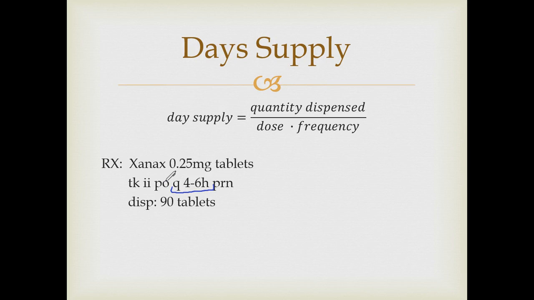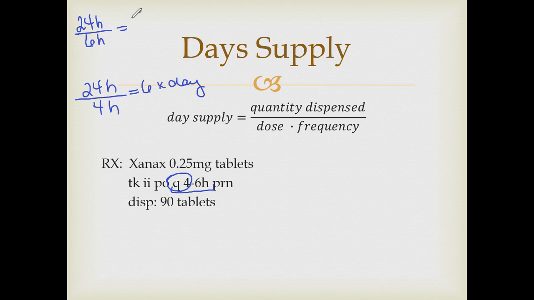Now for this particular problem, since the range is in hours, if I have 24 hours in a day and I'm dividing it every 4-hour time span, that's 6 times a day. Now if I would have chosen 6 hours, so it's 24 hours over a 6-hour time span, that's only 4 times a day.